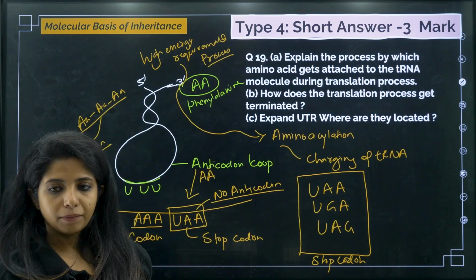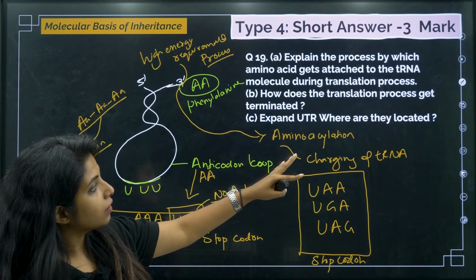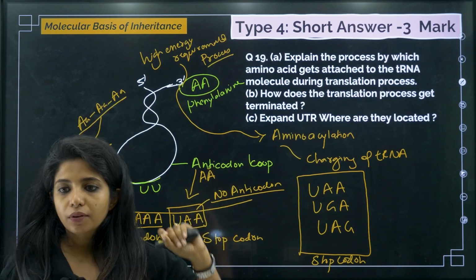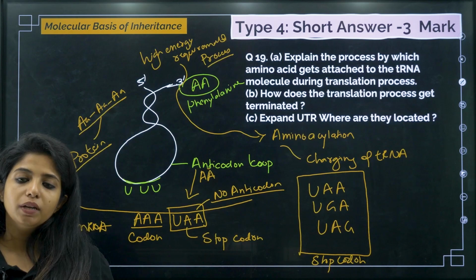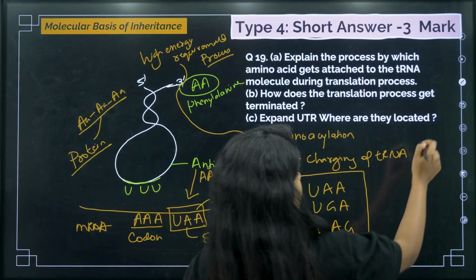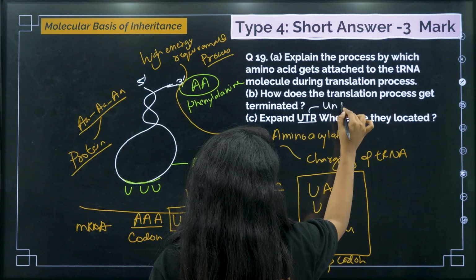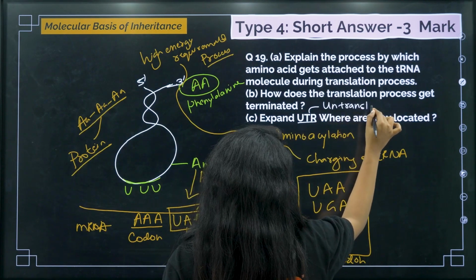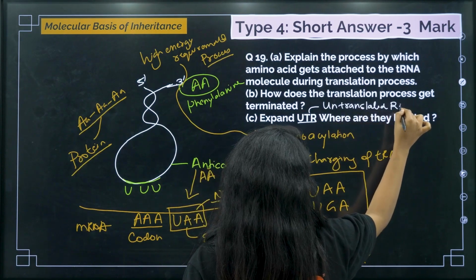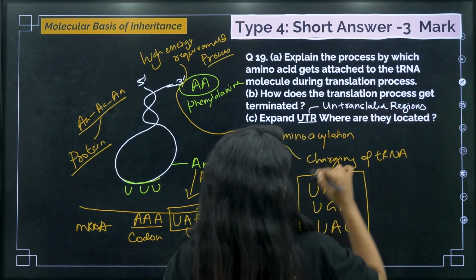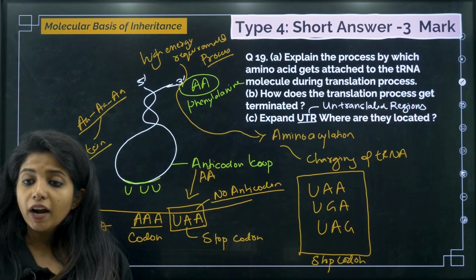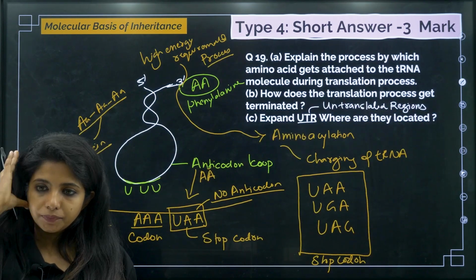Fine. Now expand UTR and tell where they are located. What do you mean by UTR? Expand UTR, it's very simple. UTR means untranslated regions. And where do you think UTR is located?